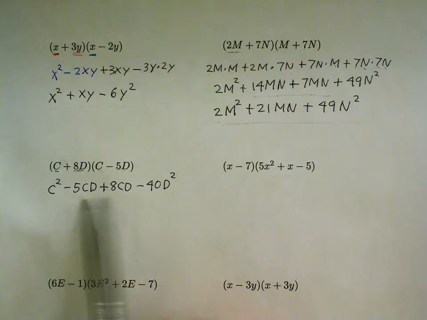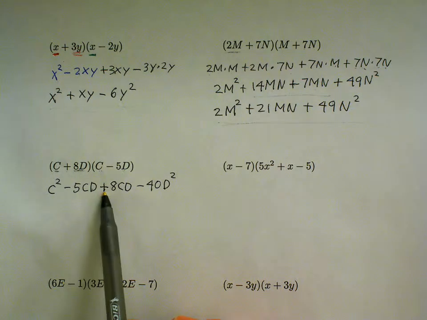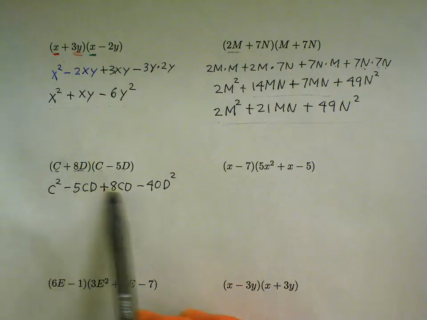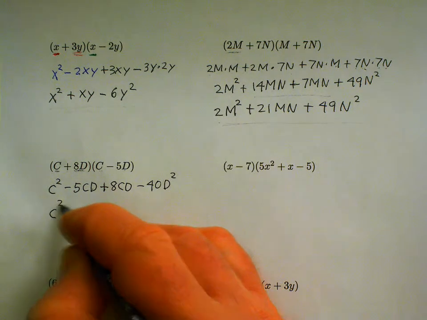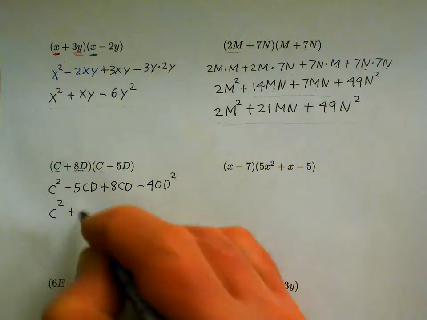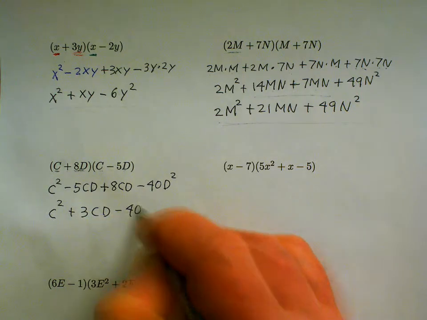The two middle terms are like terms that can be combined by subtracting and adding. So our final result is c to the second plus 3 times cd minus 40d to the second.